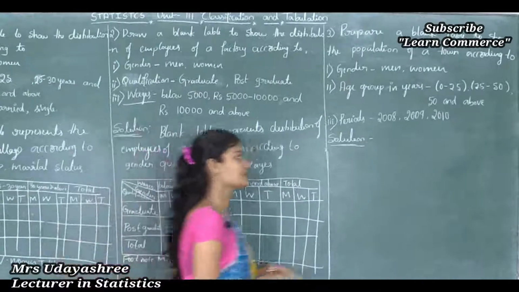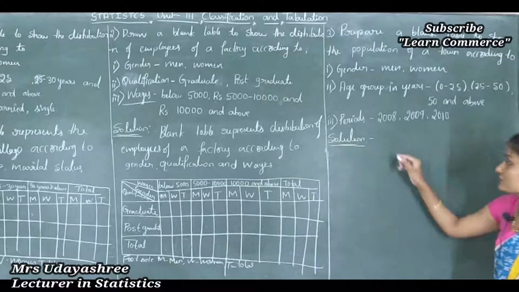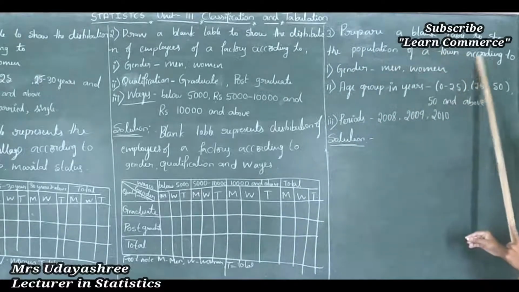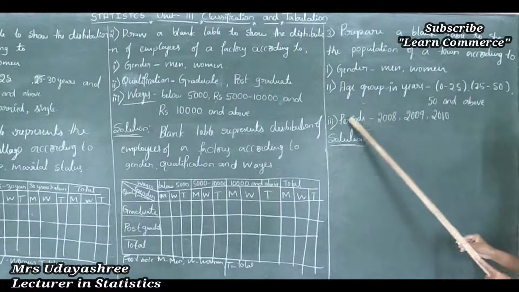Okay, now let's see the title of the third problem. So this problem is, prepare a blank table to show the population of a town according to gender, age group in year.